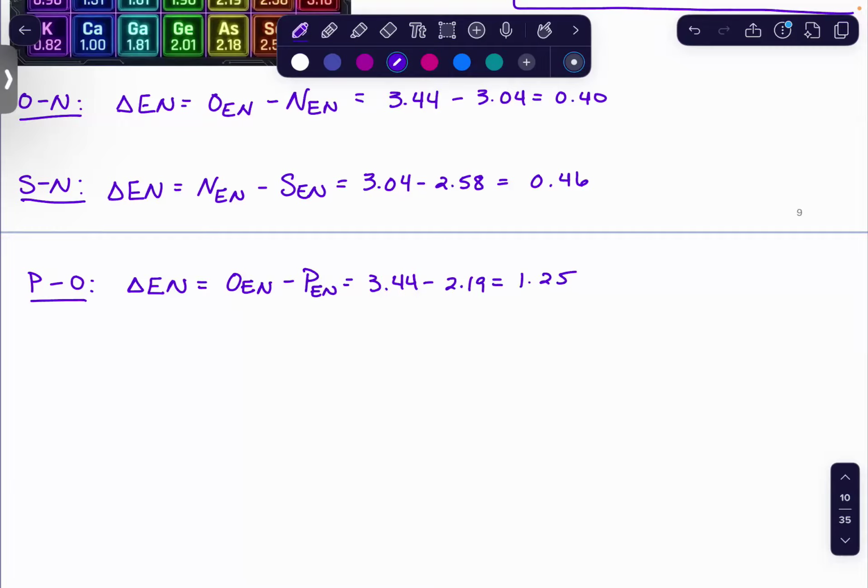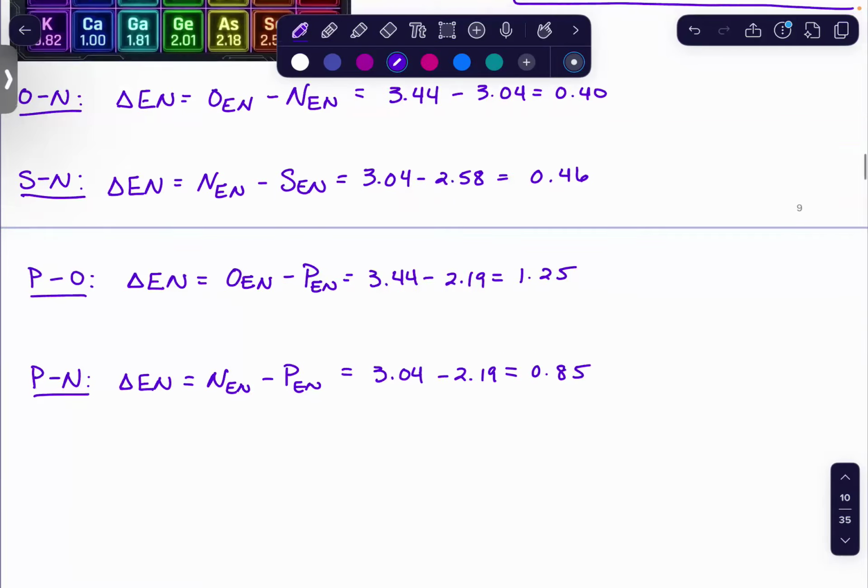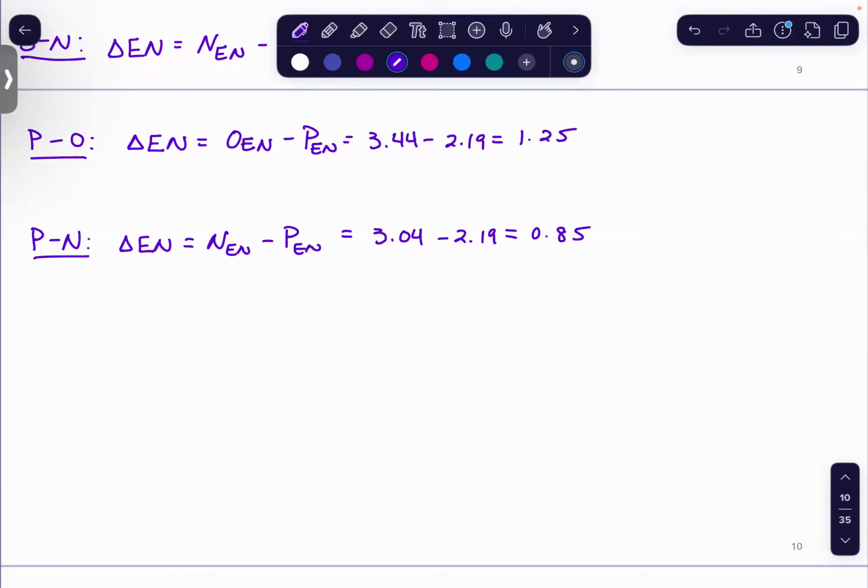Okay, now we're getting a nice polar bond. Now we'll do phosphorus nitrogen. Okay, still polar, not nearly as polar as the last one though.